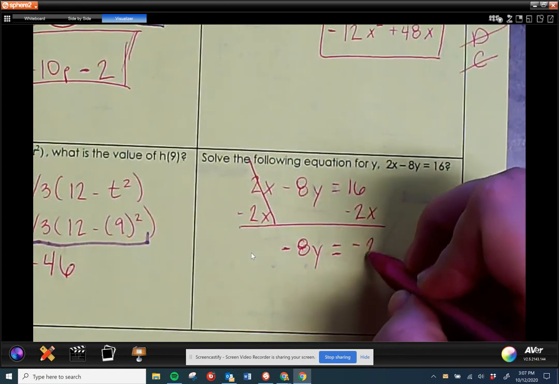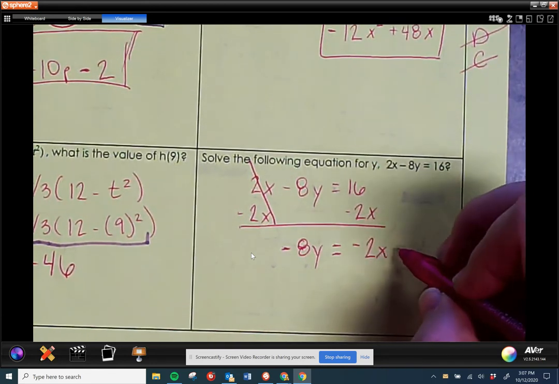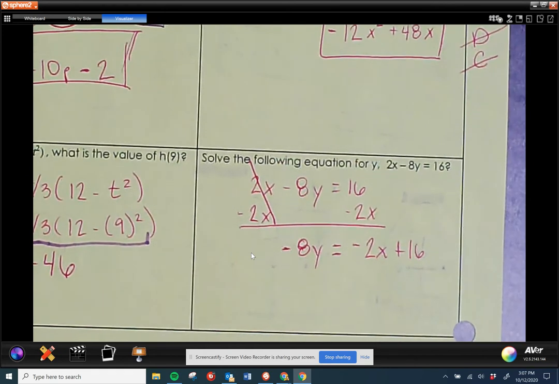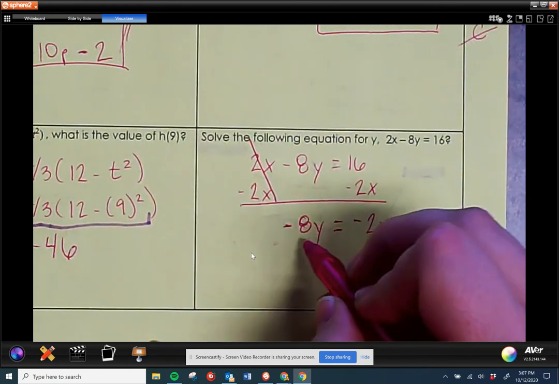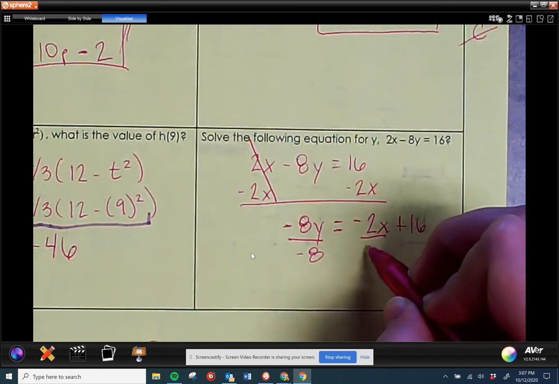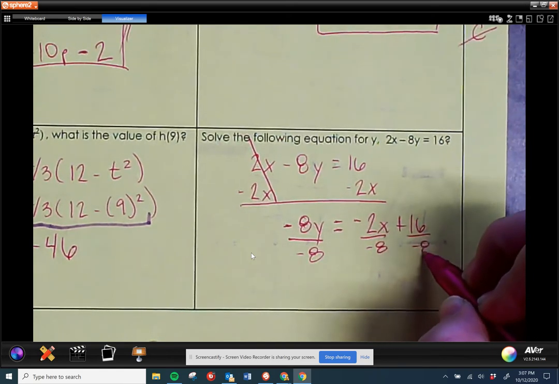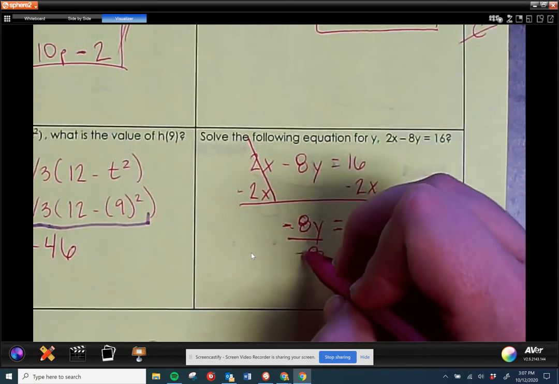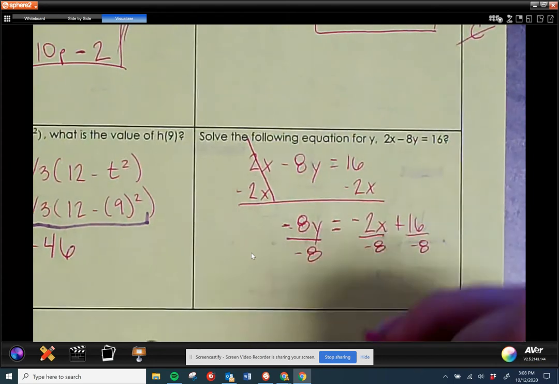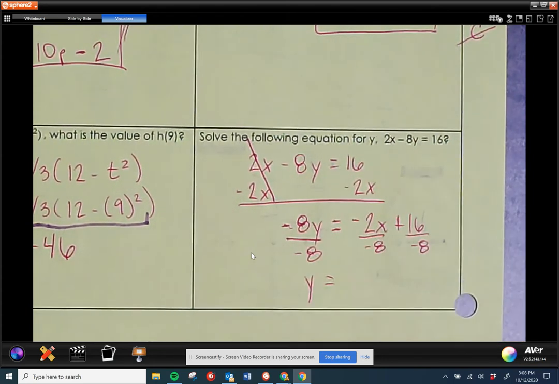I have to bring both of them down, negative 2x plus 16, and then my final step is to divide everything by negative 8. Negative 8y divided by negative 8 is positive 1y, which is perfect. That's what I was trying to get.